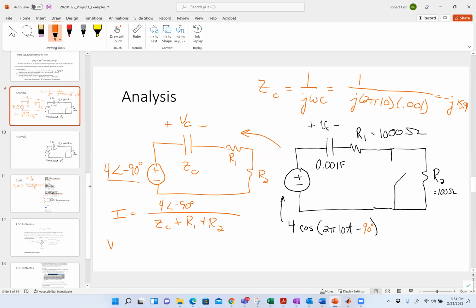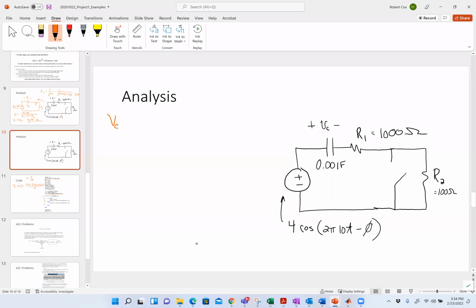Now, how do I figure out the voltage on the capacitor? I times Z sub C. So that becomes 4 angle negative 90 degrees times Z sub C divided by Z sub C plus R1 plus R2. So V sub C is equal to 4 angle negative 90 degrees, Z sub C over Z sub C plus R1 plus R2.